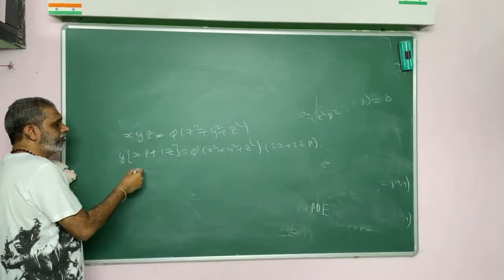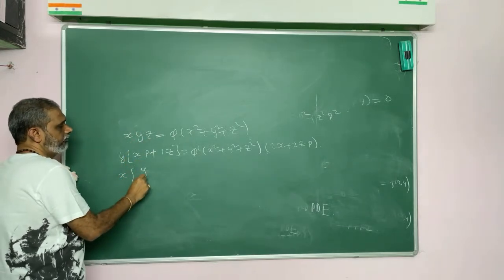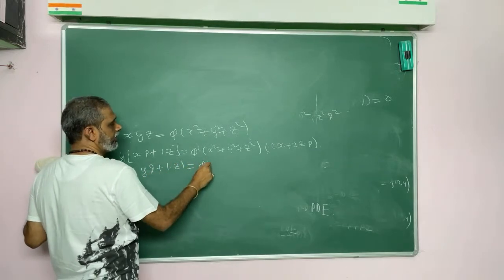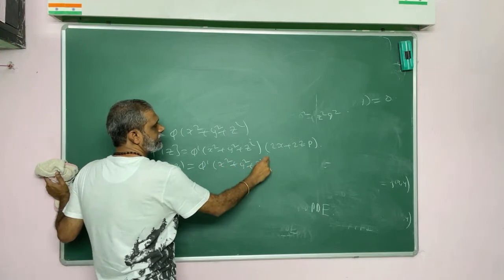Similarly with respect to y, differentiating x, you can keep it as is. So you will get xq plus 1 into z is equal to phi dash of x square plus y square plus z square.